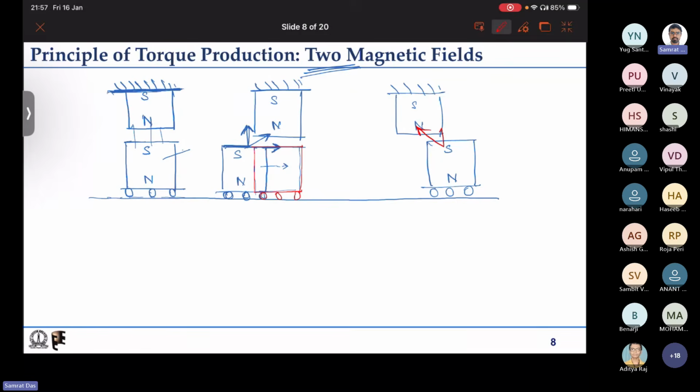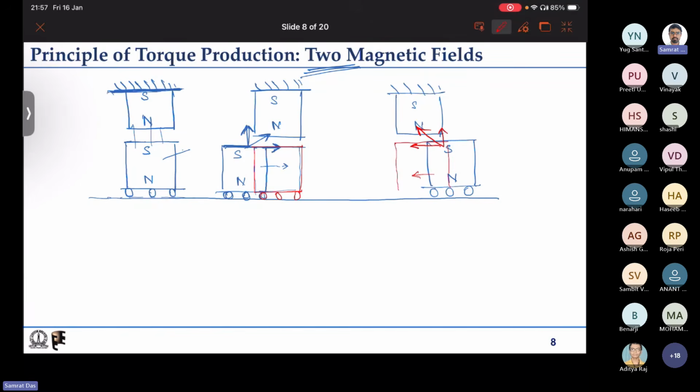So again it has some vertical component, it has some horizontal component, and the horizontal component will make the rotor, or whatever the moving object, move in the left hand side direction, and that is how it will come here. So what do we understand from that?